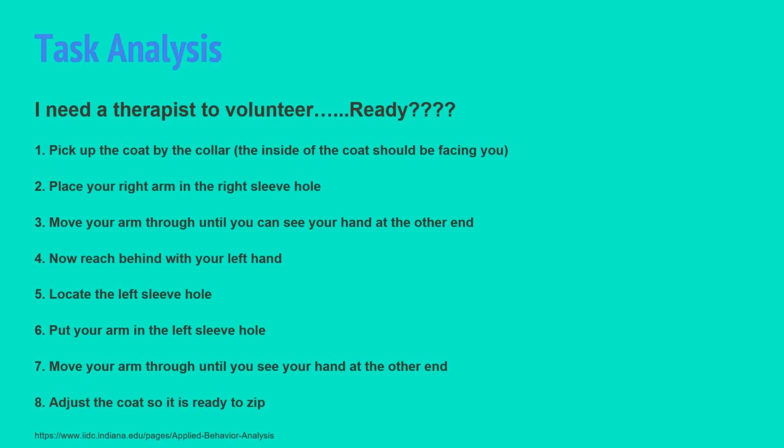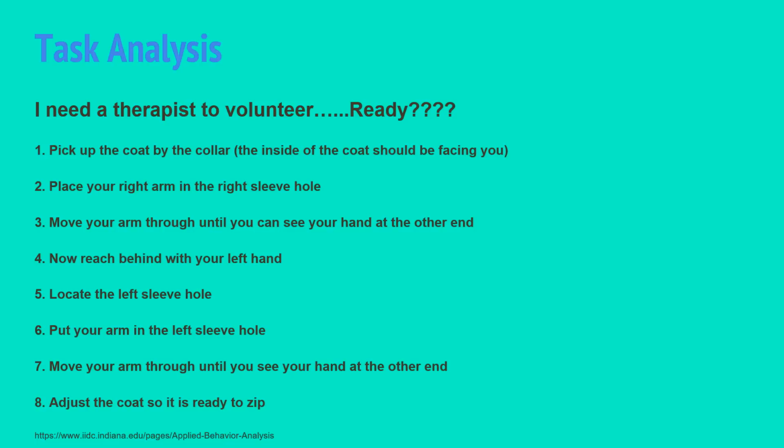Task analysis. I need a therapist to volunteer. Is everyone ready? 1. Pick up the coat by the collar. The inside of the coat should be facing you. 2. Place your right arm in the right sleeve hole. 3. Move your arm through until you can see your hand at the other end. 4.